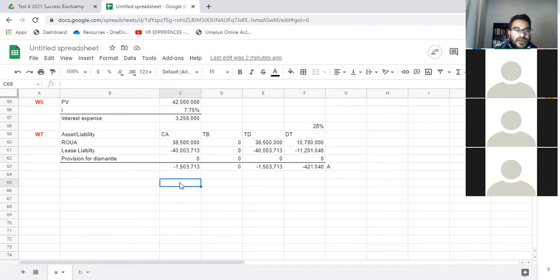So the lessor would have that gross investment in the lease, would have the unearned finance income, and what is the third one? PPE, the asset: zero under carrying amount, and an amount under tax base.